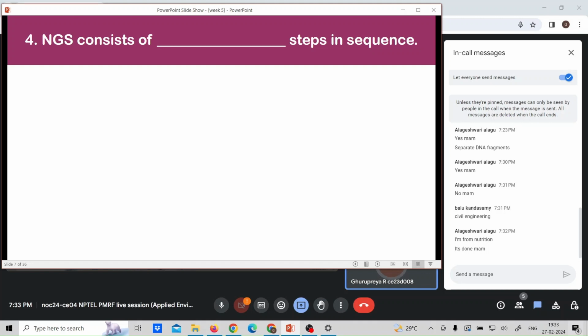NGS consists of dash steps in sequence. If someone has heard about NGS, what's NGS?